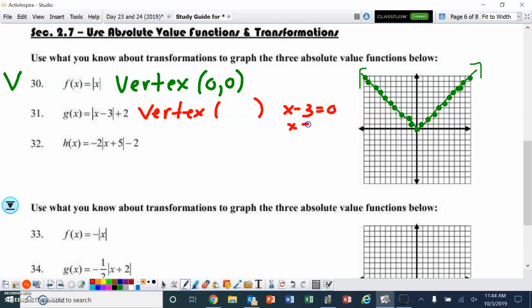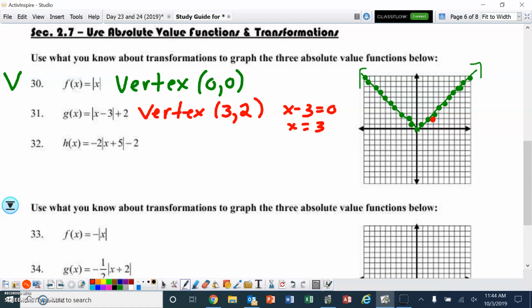Well, that would be positive 3. So that means our x value is going to be 3. And our y value is going to be the 2. So the vertex is over 3 and up 2. So let me put a dot. Our vertex is 1, 2, 3 to the right and up 2, 1, 2. So that means that vertex is right there.